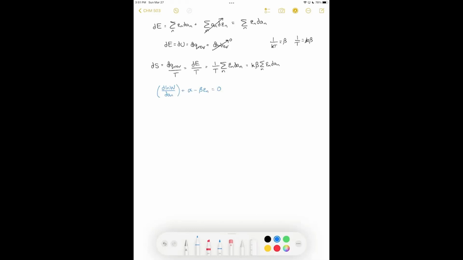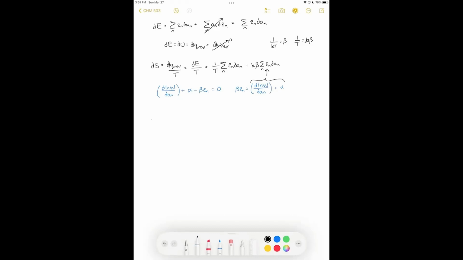So what that means, we can rearrange this and have beta epsilon n being equal to the change in the natural log of the weight with respect to occupation number plus alpha. We can substitute this expression in here for beta times the sum of our epsilon n term.